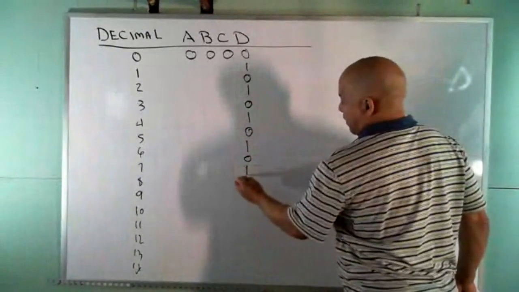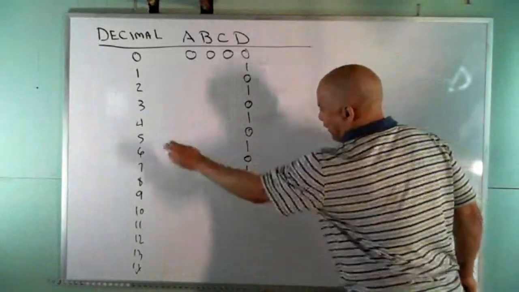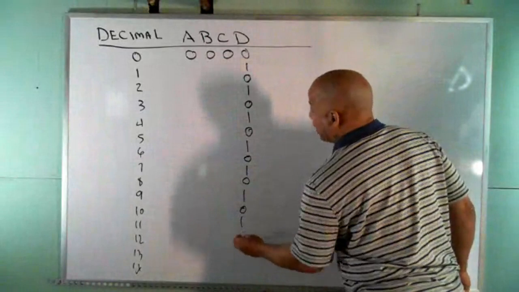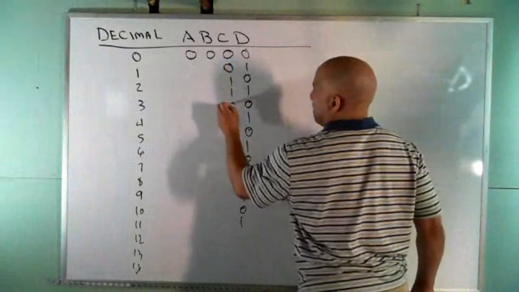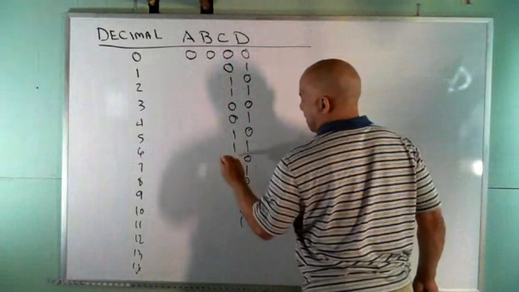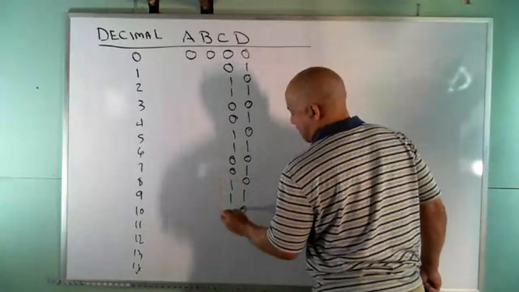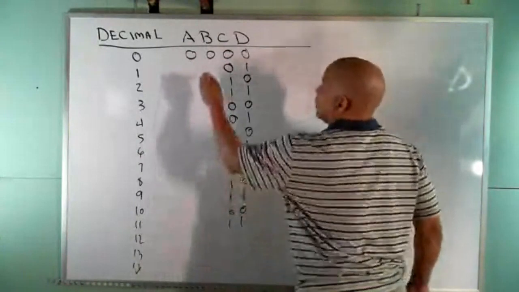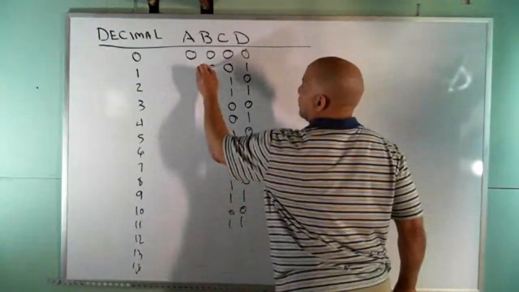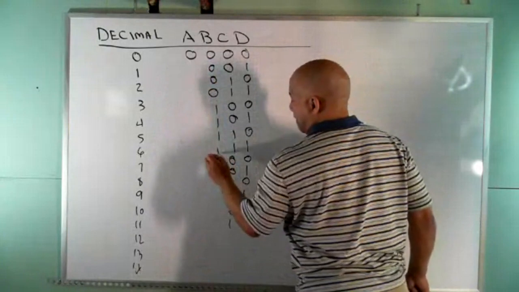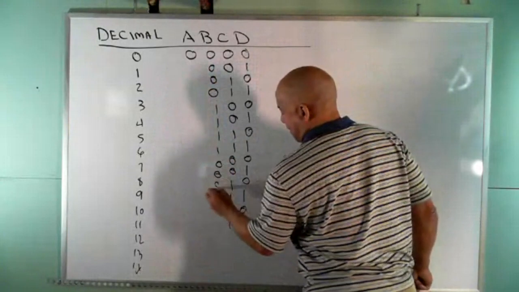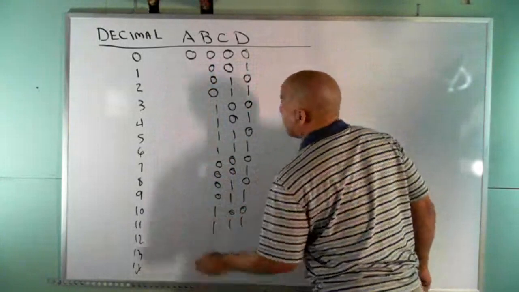It's every other bit. I'm not lining these up because I'm just kind of moving quickly. And then this will be every 2 bits, all the way down. This will be every 4 bits, all the way down.